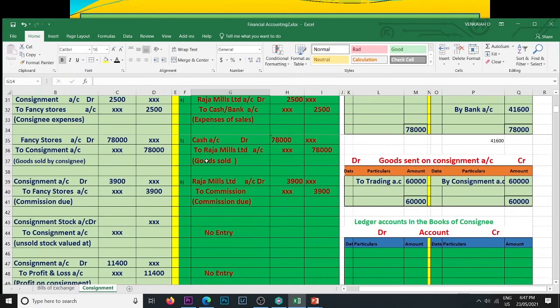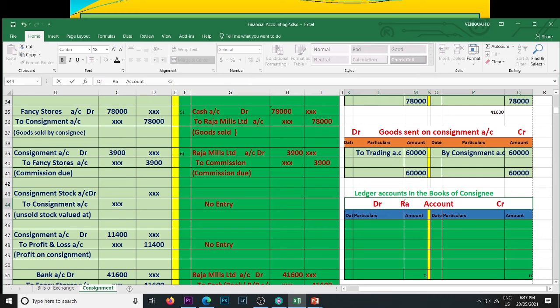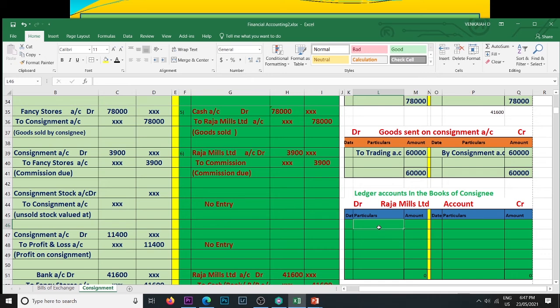We prepare the consignor account, that is Raja Mills Limited account. Advance paid, that is to bank account, to bills payable account. Amount is 30,000.